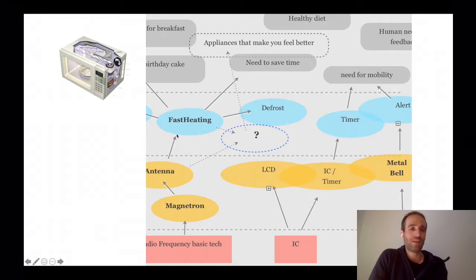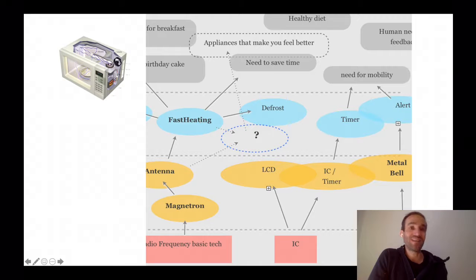So can you see the connections here? And finally, we plot the market needs. Why do people buy microwaves? Well, some people buy because they think they will save time. And this is related to fast heating, right?